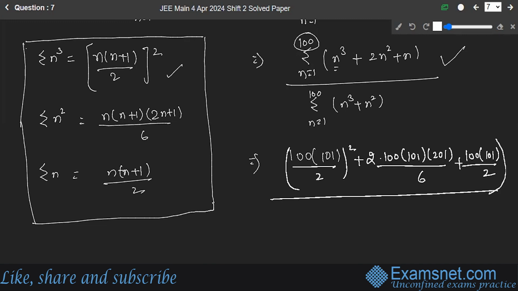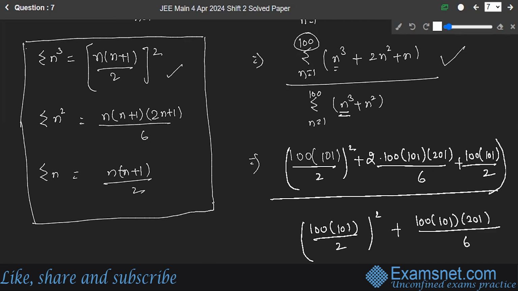Whole thing divided by summation n^3, this is [100 into 101 divided by 2]^2 plus 100 into 101 into 201 divided by 6. So this is the one.